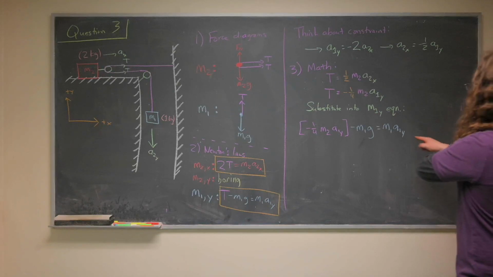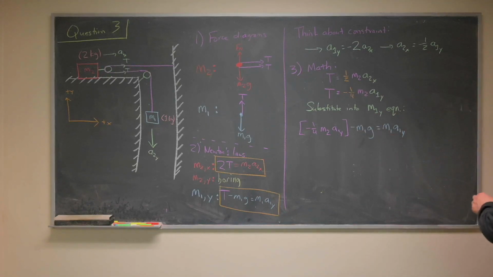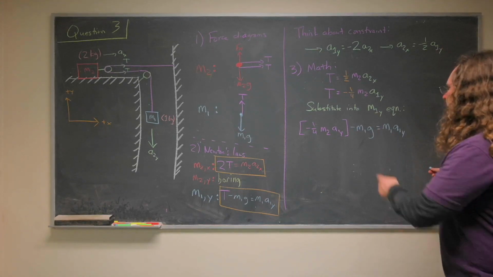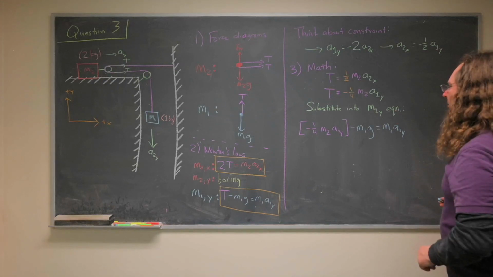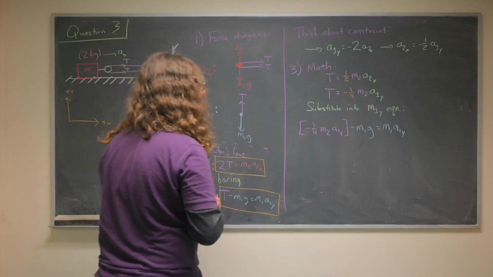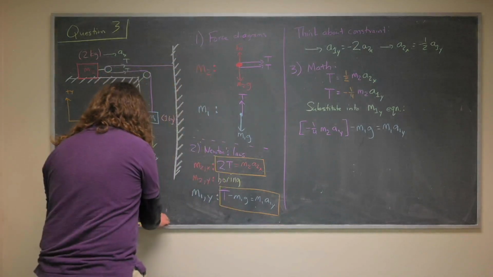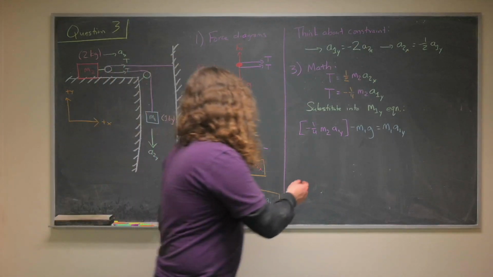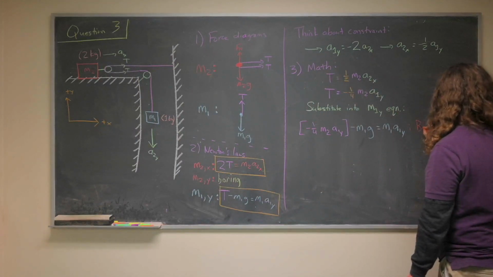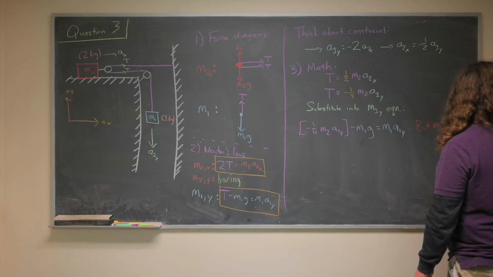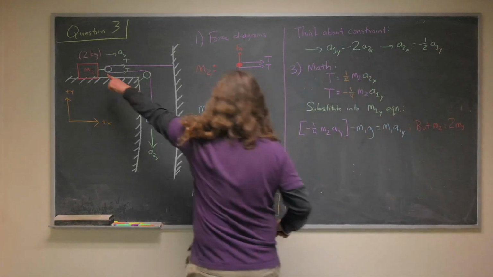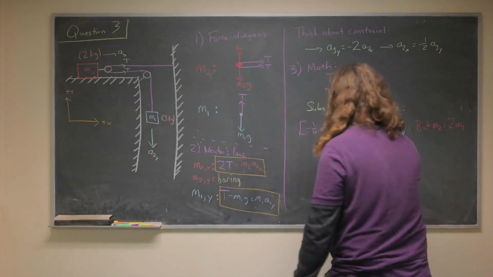Now at this point I just need to solve for A1y. So, actually, let me do something else to make this simpler. I know M2 is twice as big as M1. So I can write M2 equals 2M1. Right? This one's twice as big. So that makes my life easy.